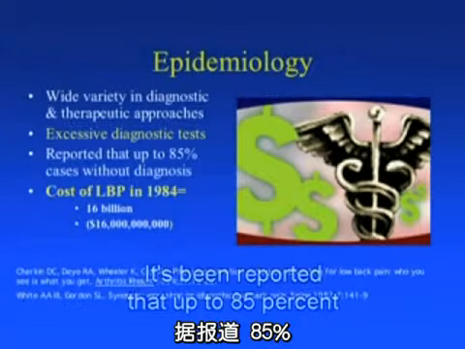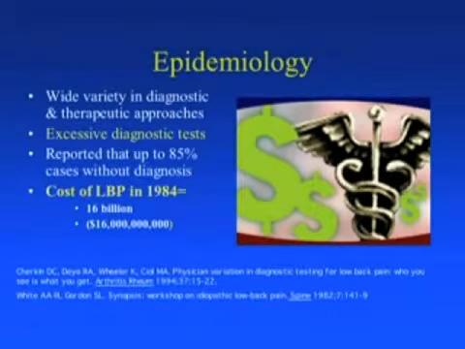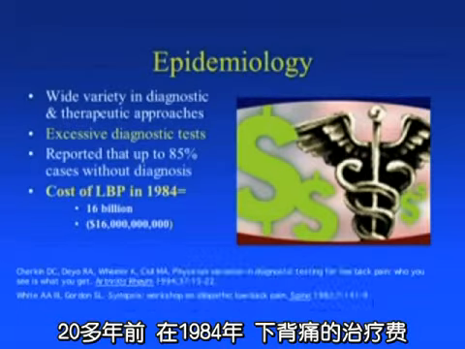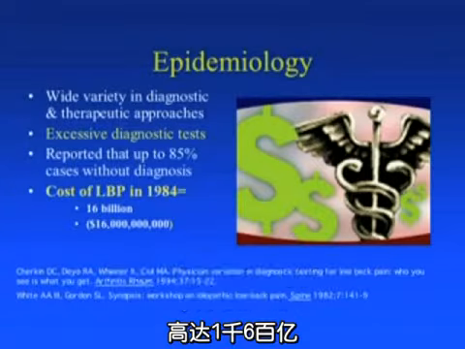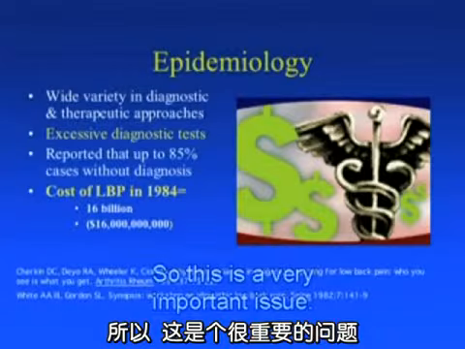It's been reported that up to 85% of low back pain cases never actually have a specific diagnosis. And the cost of low back pain, well over 20 years ago, in 1984, was a staggering $16 billion. So this is a very important issue.